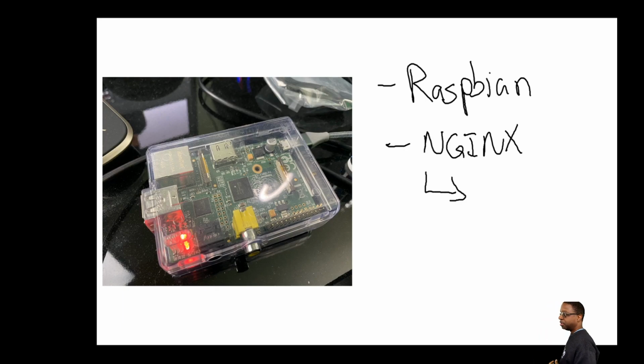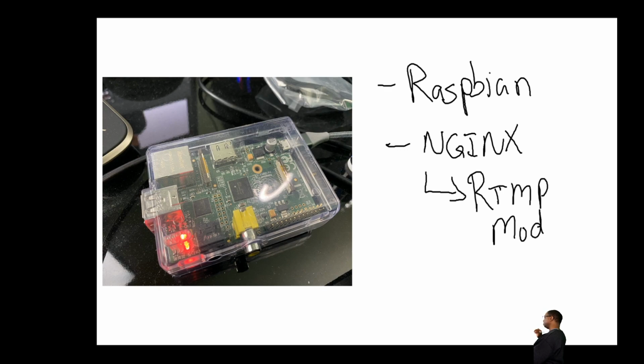And in order to do what I'm doing, you actually need to compile Nginx from source, because you need to add the RTMP module to the process in order to do what I'm doing. So we will write RTMP module.